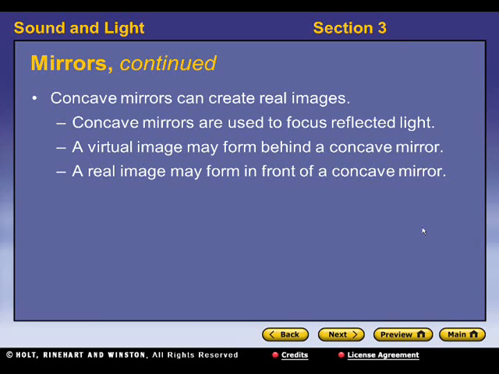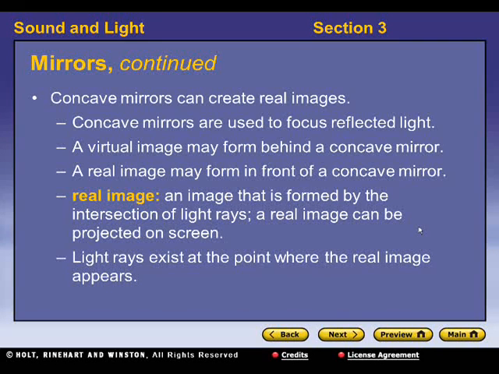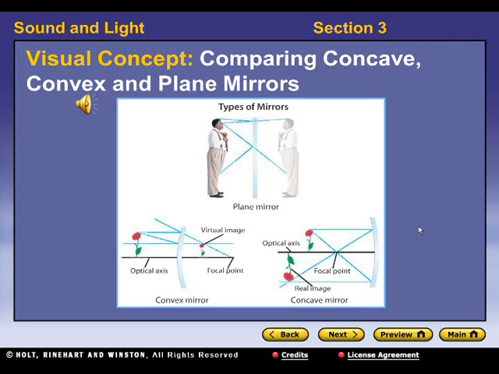A virtual image may form behind a concave mirror, and a real image may form in front of a concave mirror. A real image is any image that's formed by the intersecting of light rays and can be projected on some kind of screen. You can put a piece of paper or screen there and an image will be formed on it. Light rays exist at the point where the real image appears.